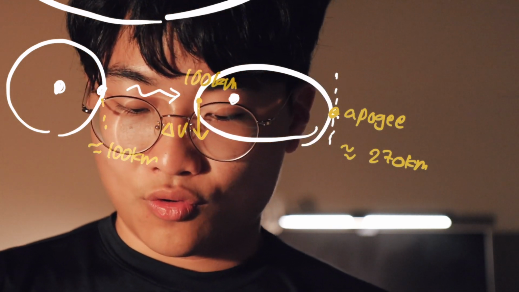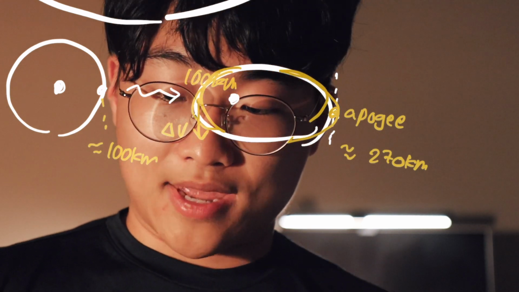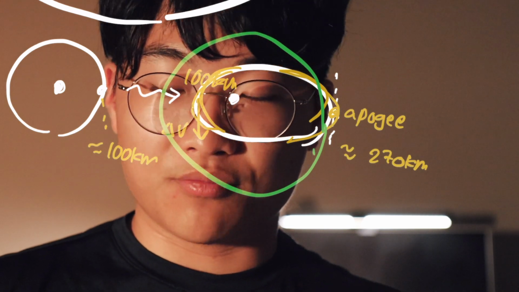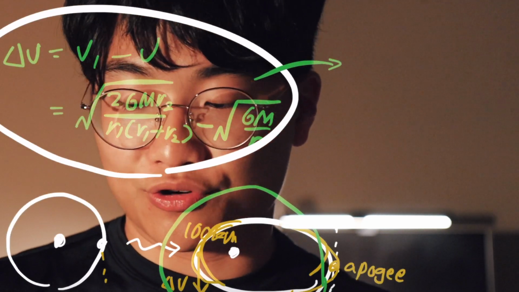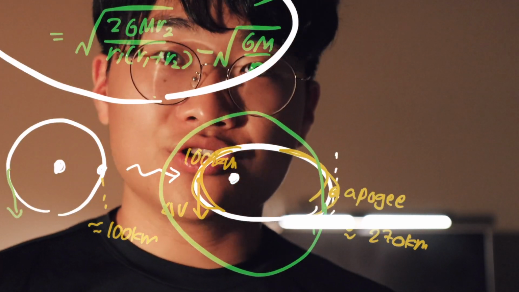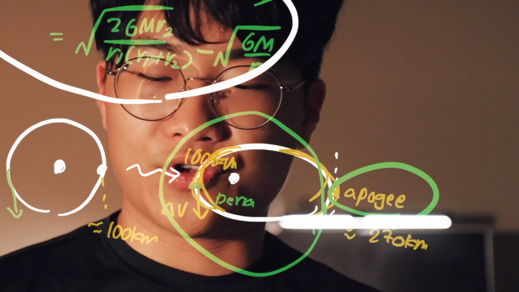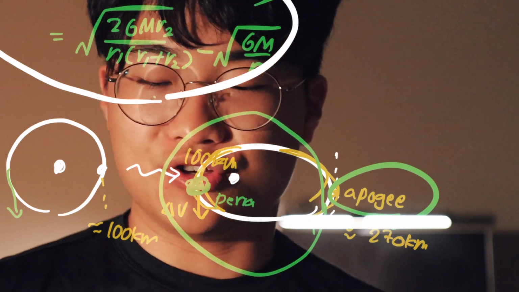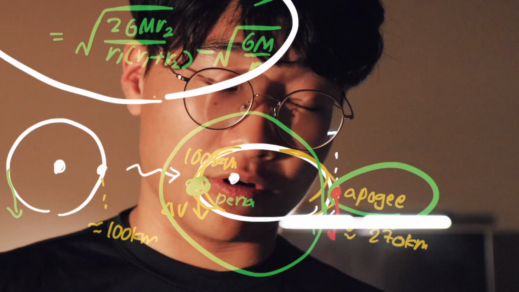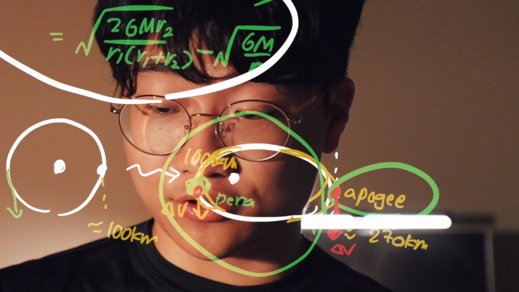But what if we want to make a circular orbit that constantly stays at 270 kilometers instead of shifting between 270 kilometers and around 100 kilometers? Well, we can use a new equation, but this equation is very related to the equation we just used. The delta V equation that involves going from a circular orbit to an elliptical orbit of higher altitude.